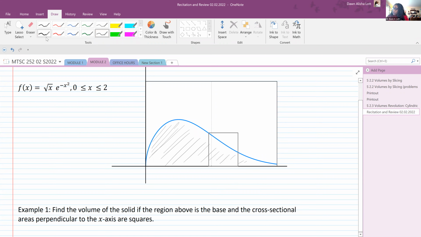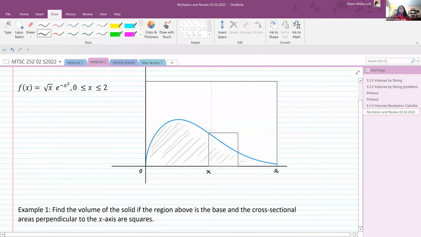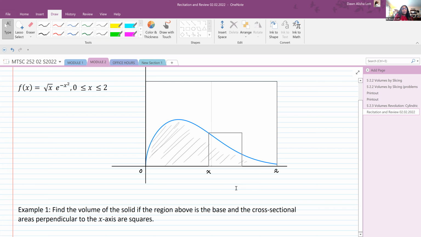Given this x right here, between 0 and 2, this is a square. Let me make it look a little more like a square. There we go. Okay, it's a square.